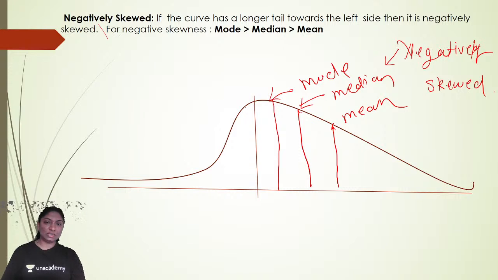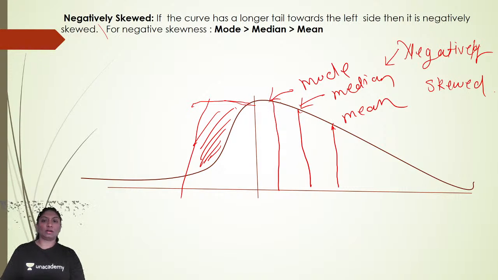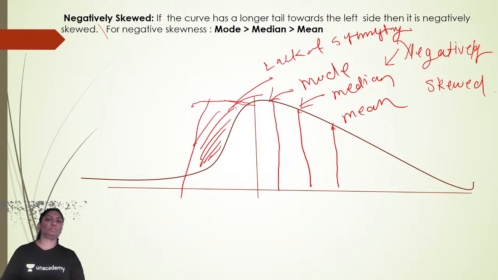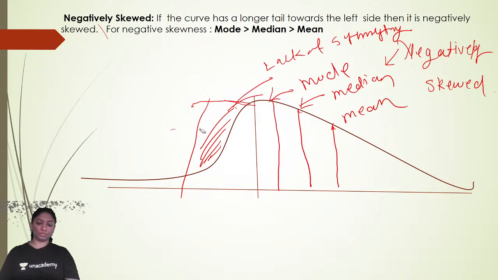Now see, this is the lack of symmetry compared with the normal distribution. Here is a lack of symmetry compared with the normal distribution.